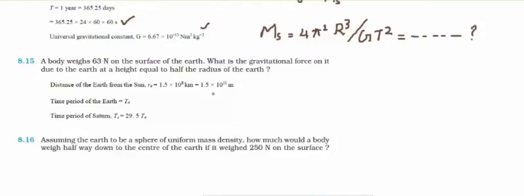Now, next question. Question 14 you need not study. Question 15. A body weighs 63 Newton on the surface of the Earth. What is the gravitational force on it due to the Earth at a height equal to half of the radius of Earth?